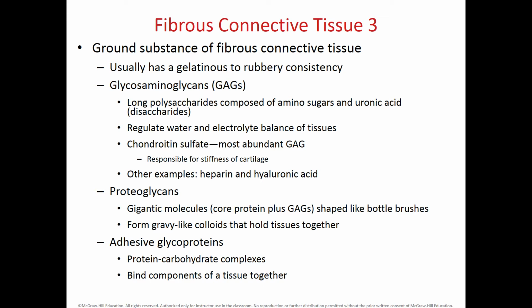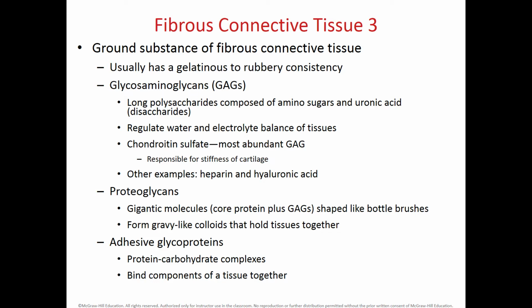Now, what these glycosaminoglycans do is regulate water and electrolyte balance. Some examples will be chondroitin sulfate, which is responsible for the stiffness of the cartilage within our joints. Other examples will be heparin and hyaluronic acid.